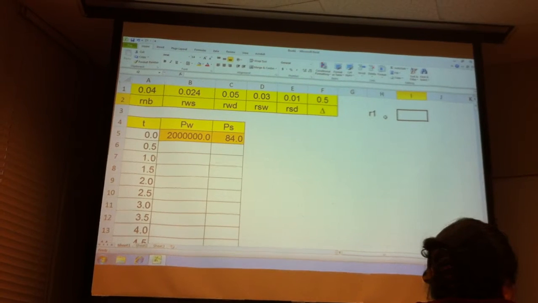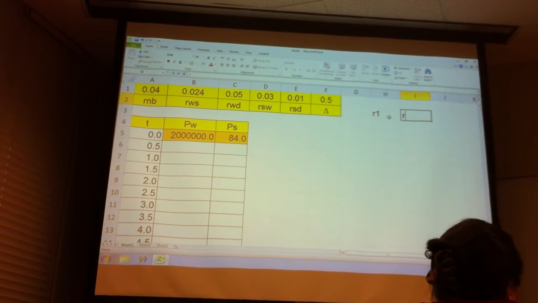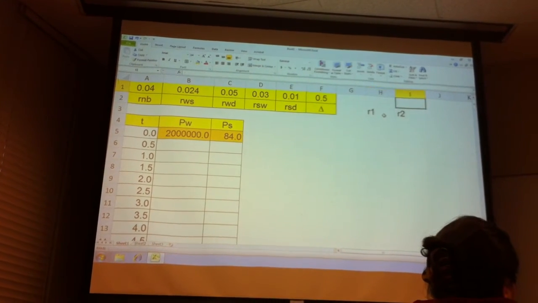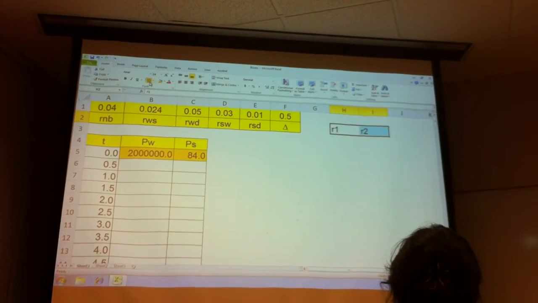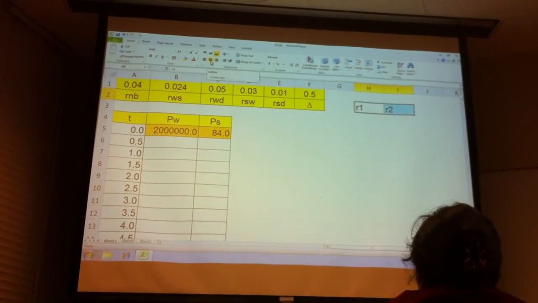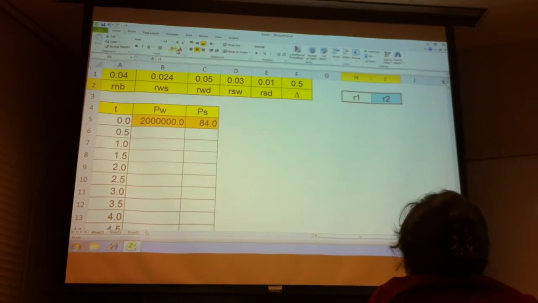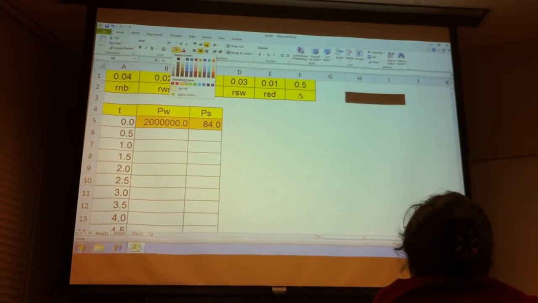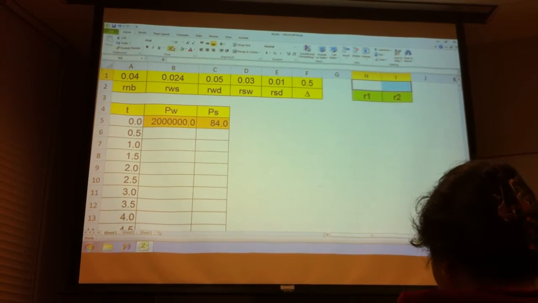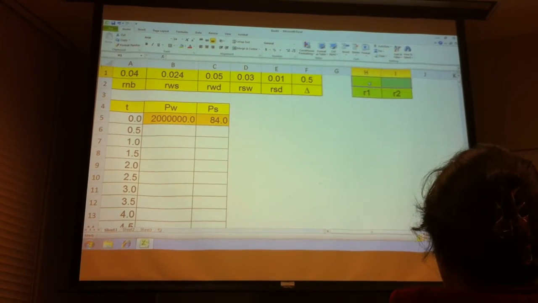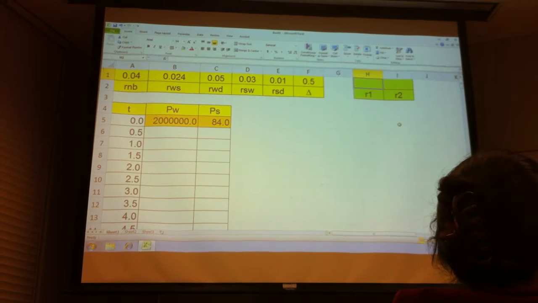What was the other one I stuck in here? R2. Okay. These I don't define. It's a different color. What is R1 equal to?